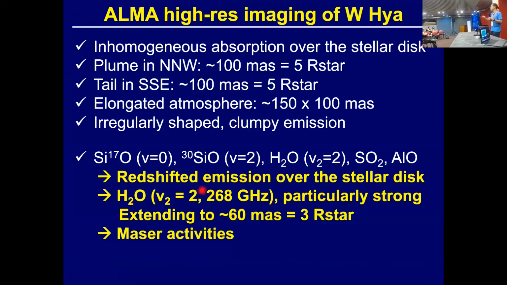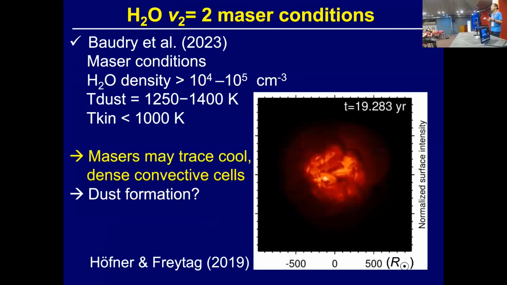But the point is, some lines show emission over the stellar disk, some lines no. And this redshifted emission over the stellar disk is particularly strong in this vibrationally excited water line, and this strongly suggests maser activity.